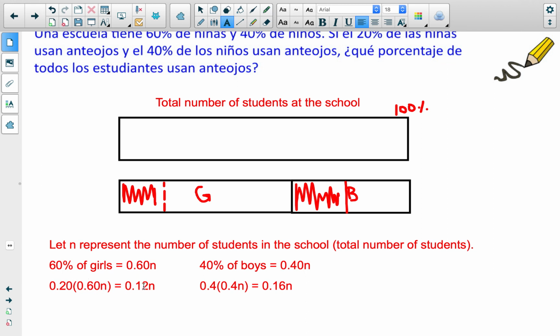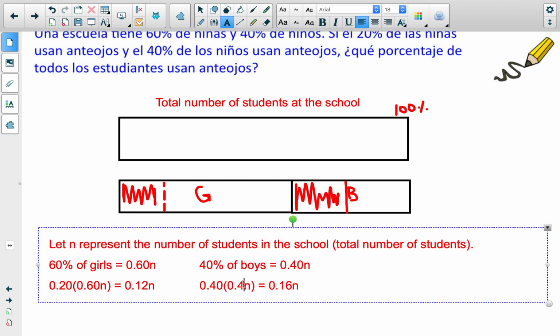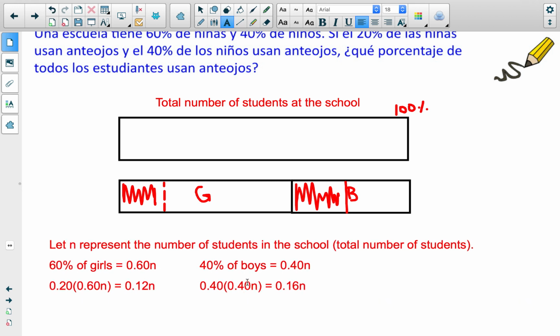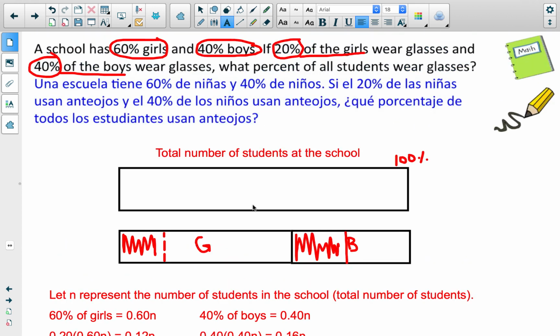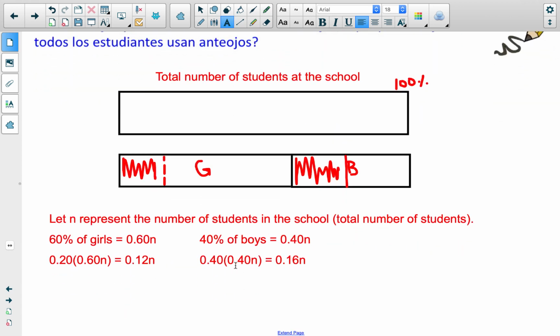Multiplying that gets 12 hundredths n. This one, 40% of the boys make up the school, but also 40% wear glasses. So that's why this number is the same. Okay, that just happened to be a coincidence. So you're going to take 40% of the amount that are boys, and that gets 16 hundredths n.